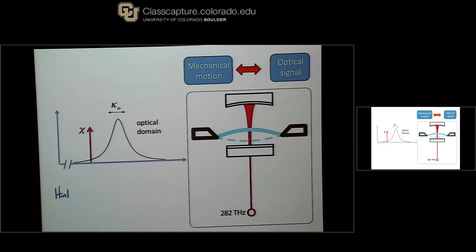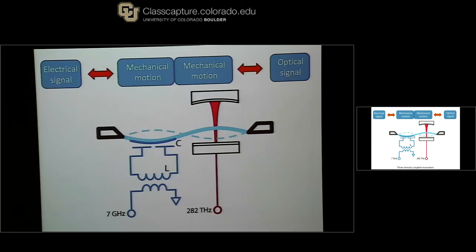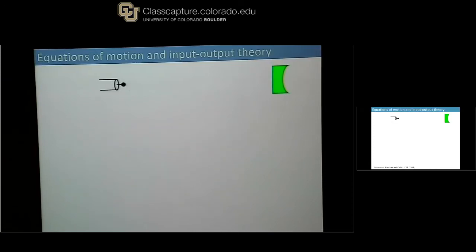Okay, so we have a G optical, and then we'll describe the amplitude of this drive for the optical domain with a chi. All right, and so then we have this coupling on the optomechanical side. And then when we put this together, now we're going to have three coupled oscillators. We talked last time about basically 2 coupled oscillators.